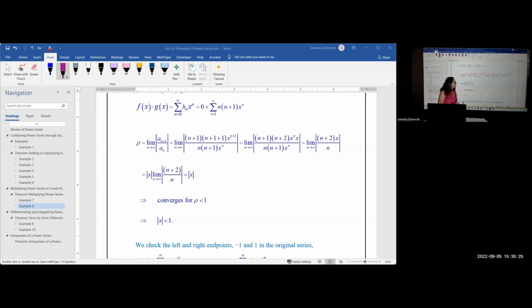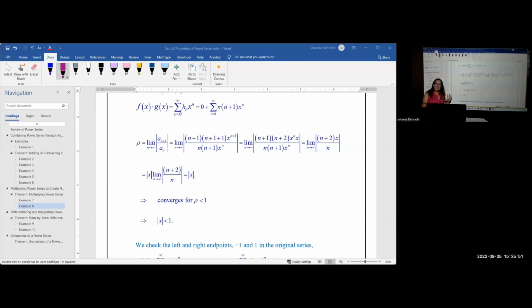We can apply L'Hopital's rule, which gives us the limit of 1 over 1, which is the limit 1. And thus we get that the value of rho is the magnitude of x, or the absolute value of x. Now we know that the ratio test converges as long as rho is less than 1, so it will converge as long as the magnitude of x is less than 1.